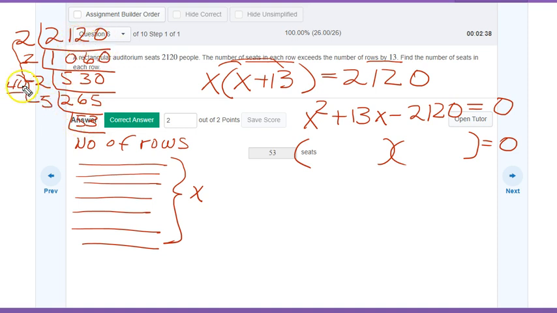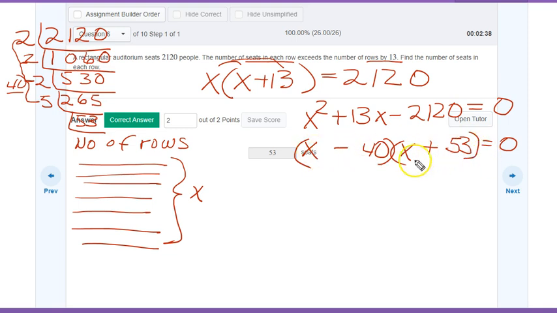And the difference between these two is 13. So this one wasn't bad at all. So it's going to be 53 and 40. Now I need a positive in the middle. So this will be positive for my outers. This will be negative for my inners.